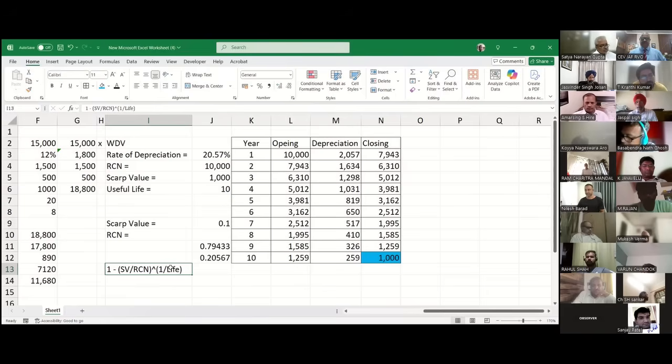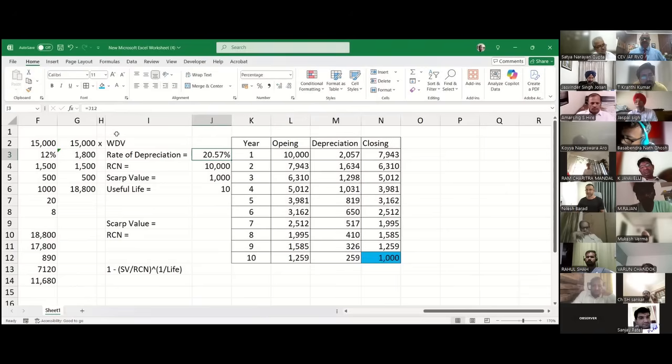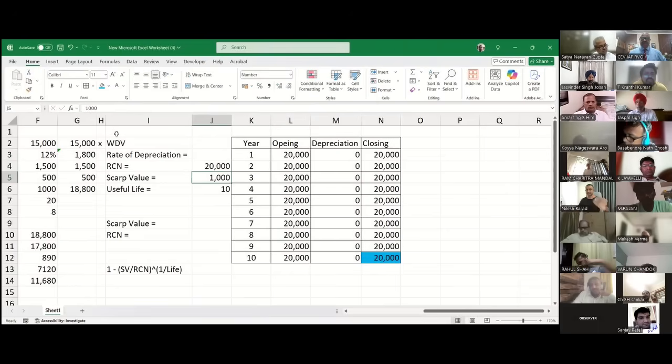Okay. Replacement cost is 10,000, useful life is 20 years. Find the rate of depreciation. Find the rate of depreciation using this equation.